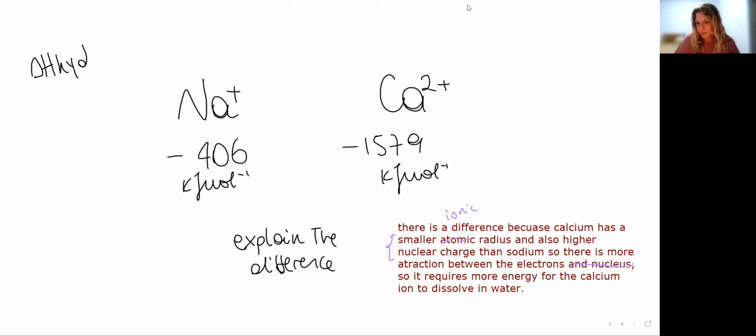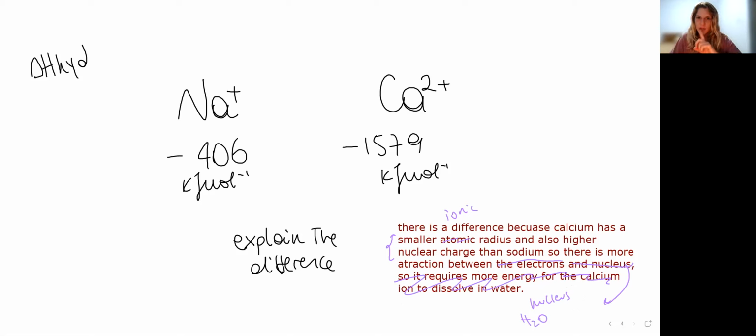So between the nucleus and the water, because that's the attraction that has this energy that you're describing right now. Yeah, and then it requires more energy to dissolve in water. Yeah, but why? Because simply there is more attraction. So this is not necessary, because you've already mentioned there is more attraction between the nucleus and water.